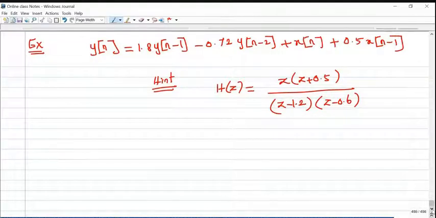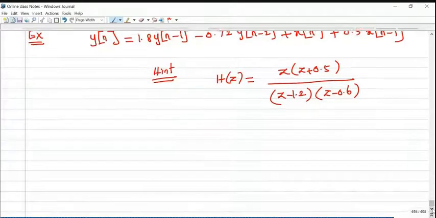Unstable, sir. Yes, the system is unstable because z equal to 1.2 is outside of the unity circle. Even if z minus 1 is there, in that case also you have to write that a pole is on the unity circle. Therefore, the system is unstable.